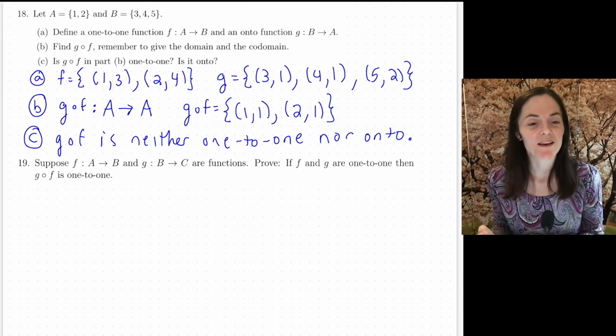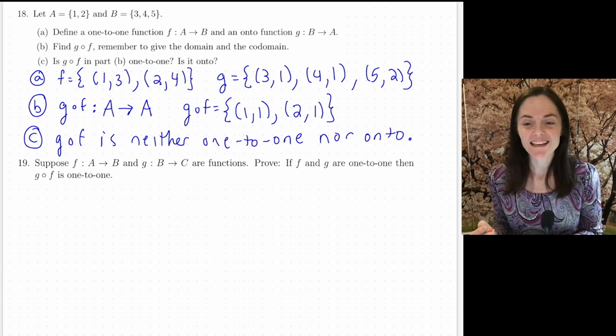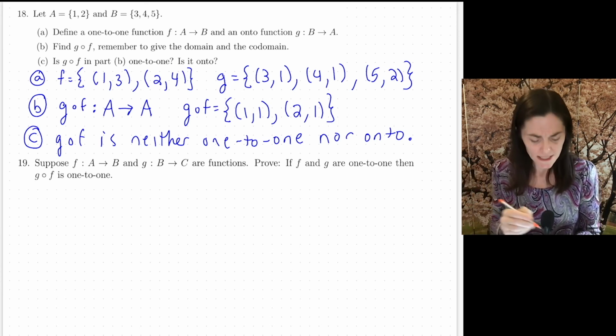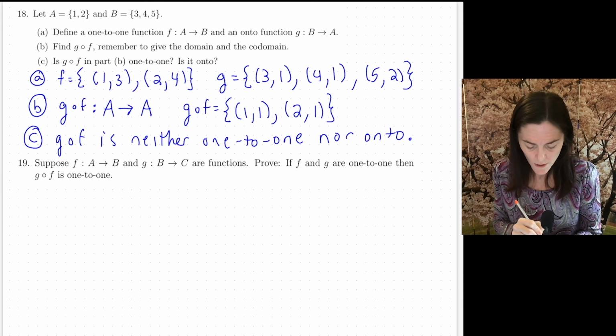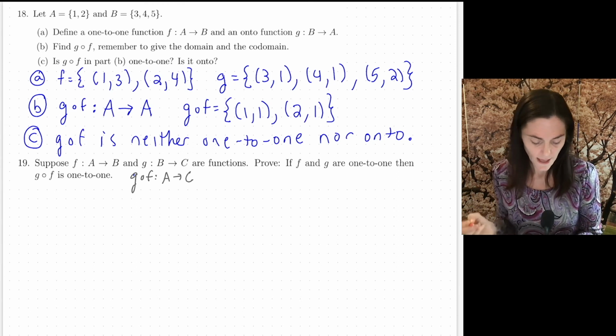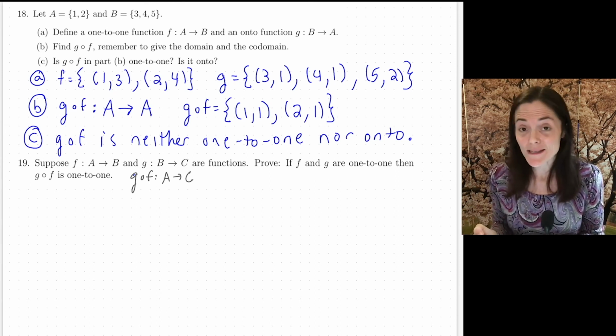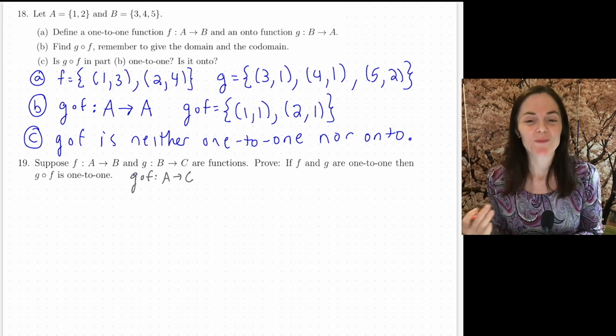Number 19, we have functions f and g. And the question is, if f and g are one-to-one, then is the composition one-to-one? And we know, just as a comment, G compose F, in this case, maps A to C. This is very similar to something we had in our test 3 review.